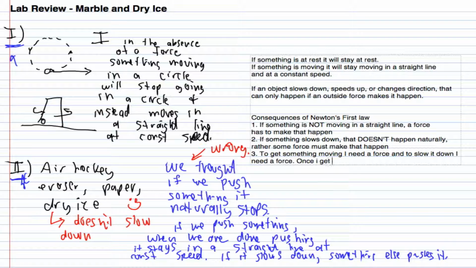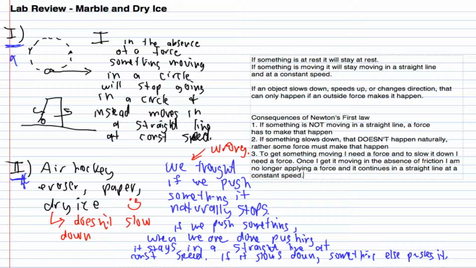Once I get it moving, in the absence of friction, I am no longer applying a force, and it continues in a straight line at a constant speed. The instant I stop touching it, I am no longer applying a force to it.